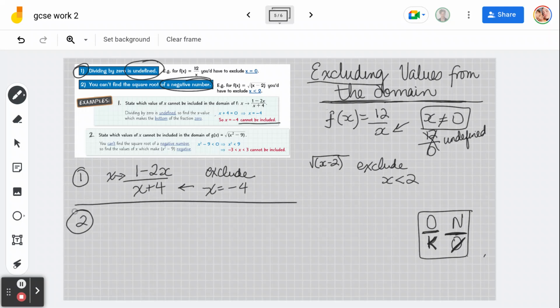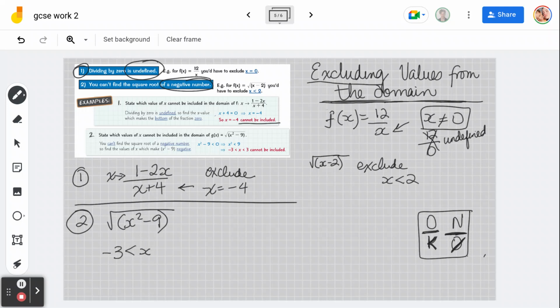Number 2, square root of x squared minus 9. So we have to make sure our x, when it's squared, is greater than negative 9. Otherwise, we're going to have a negative number. So our rule will be negative 3.